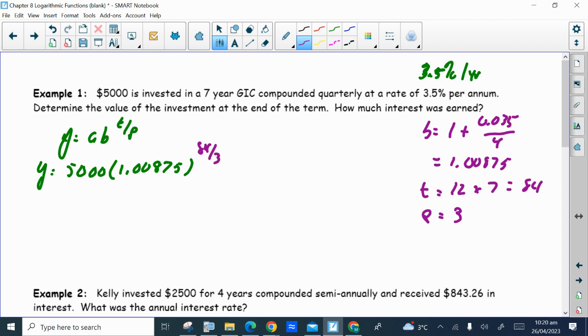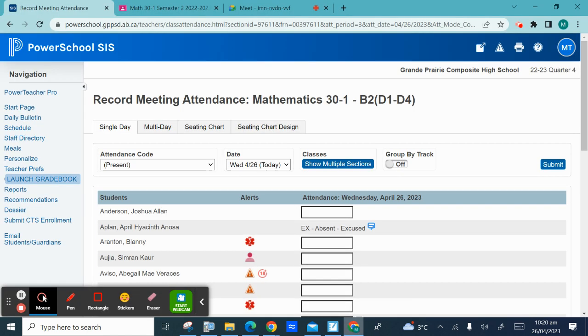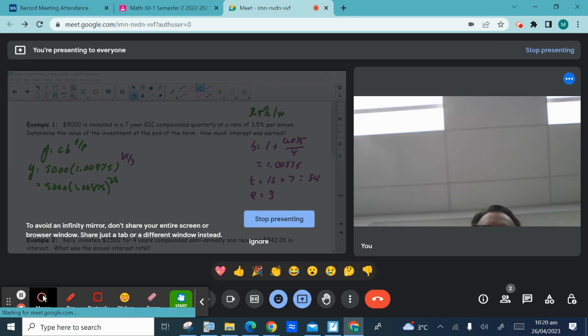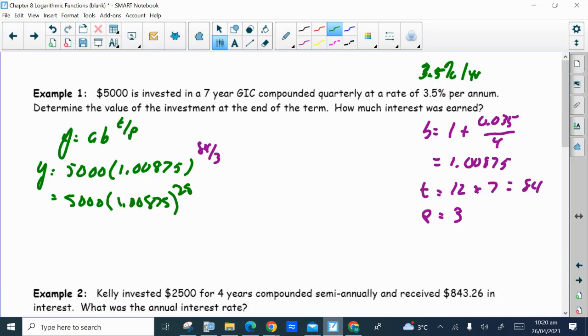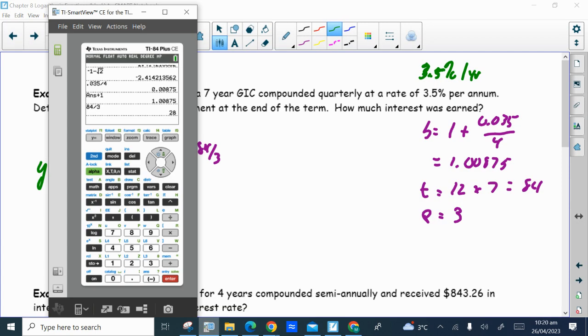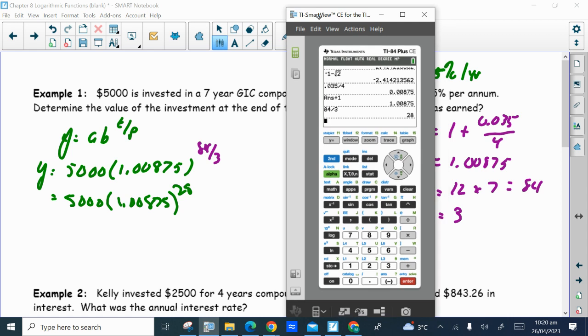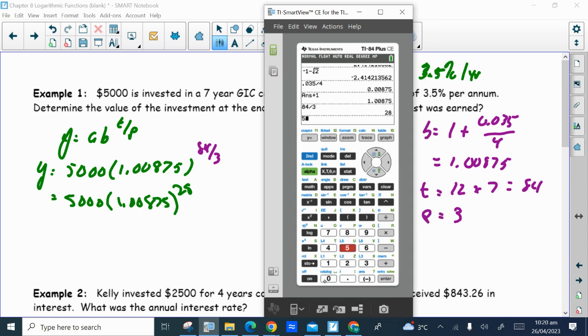So, by working this out, we will get the value of the investment after 7 years. And we can put this in our calculator all in one step. Your calculator will do order of operations.